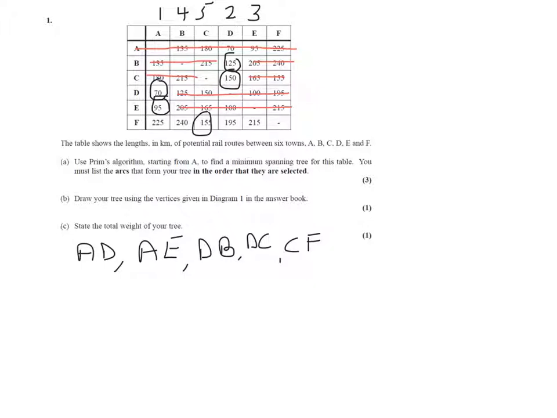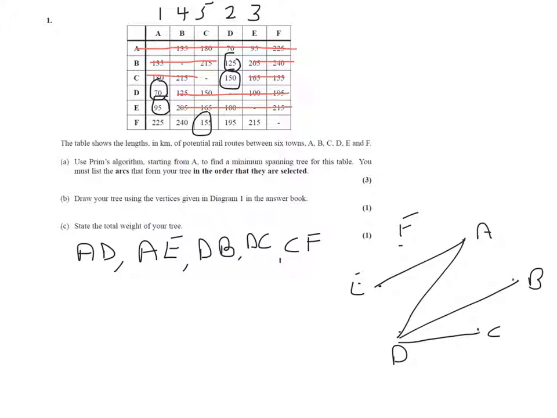So, we now need to draw your tree using the vertices given in diagram 1 in the answer book. Well, in the answer book, they've given you the diagram that looks a little bit like this: A, B, C, D, E and F. So AD is there, AE is there, DB is there, DC is there.